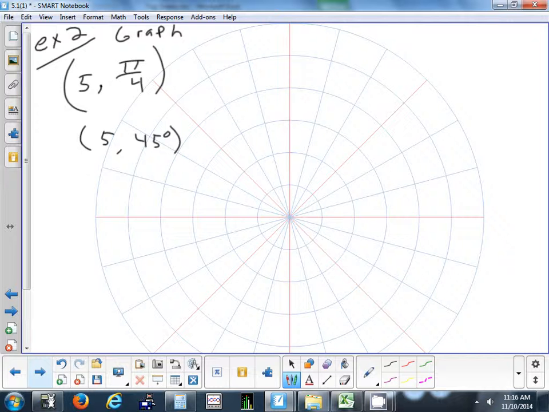Which way? To the right. And then 45 degrees. Josh, clockwise or counterclockwise? Yeah, it's a positive angle, so that's counterclockwise. Okay, so it's kind of like going up, but it's counterclockwise 45 degrees. Okay, any question on that?